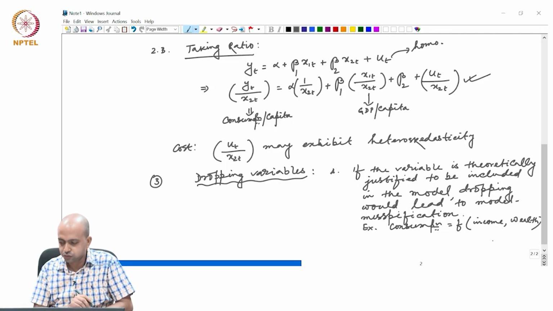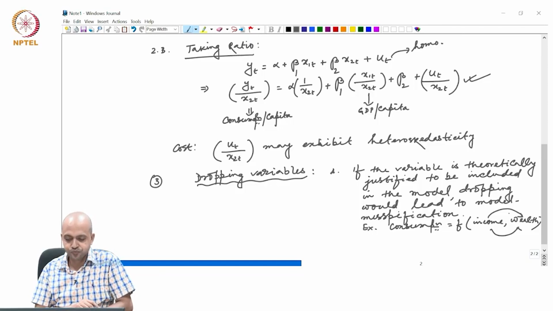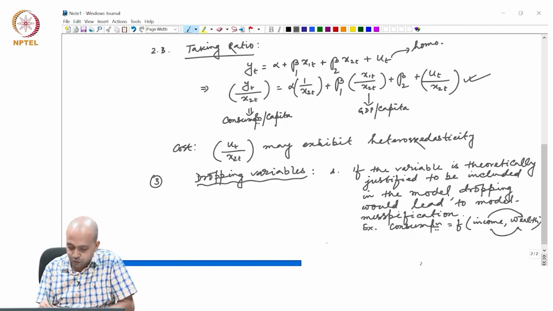So, even though they are highly correlated with each other, income and wealth both are theoretically justified to be included in the model. So, I cannot drop either income or wealth. What is the solution? You might have to increase your sample size. So, dropping is not possible when it is theoretically justified.